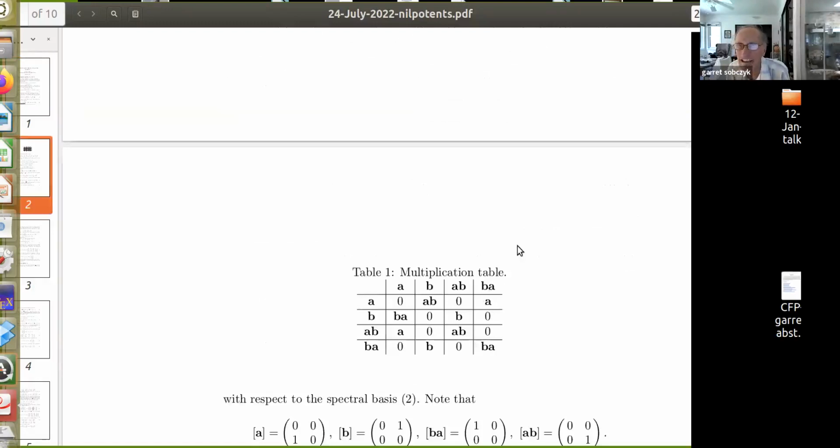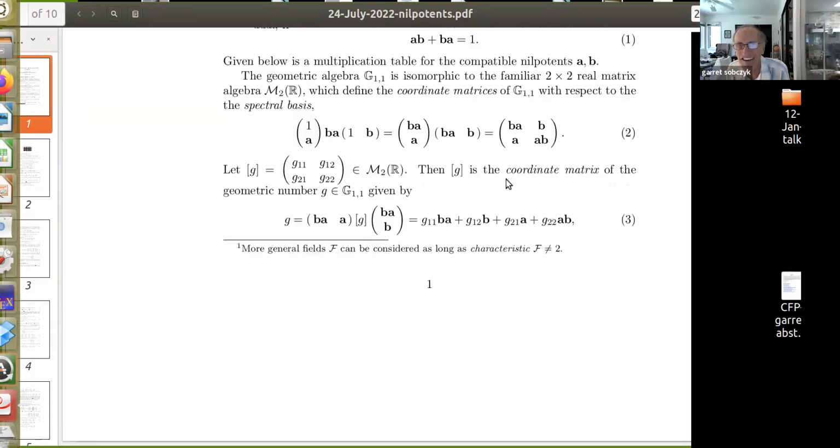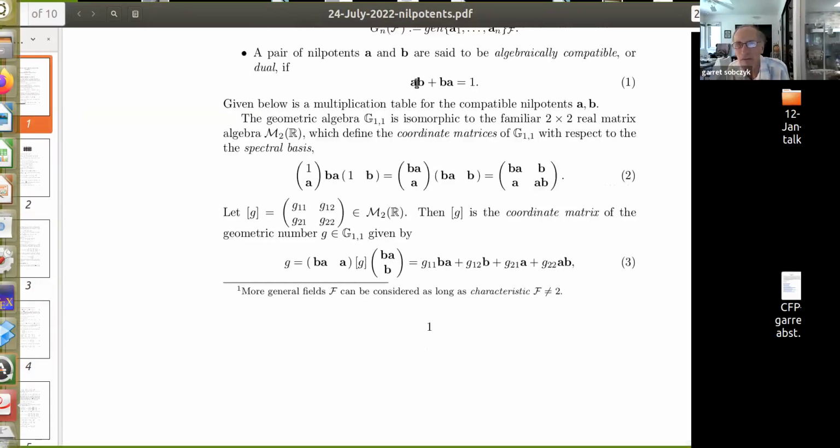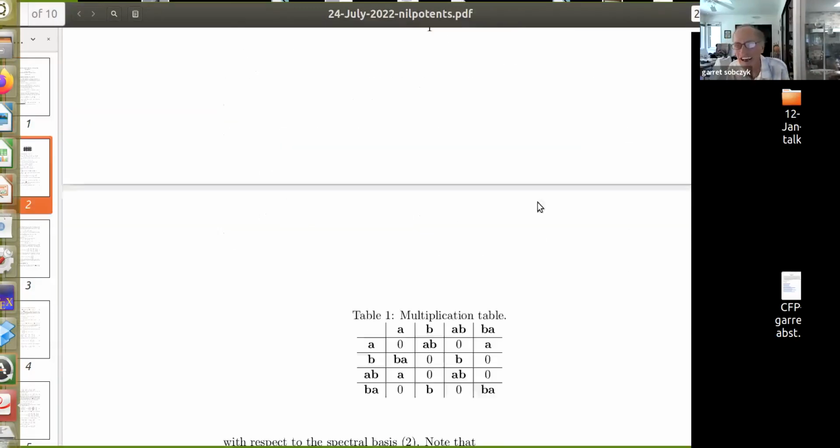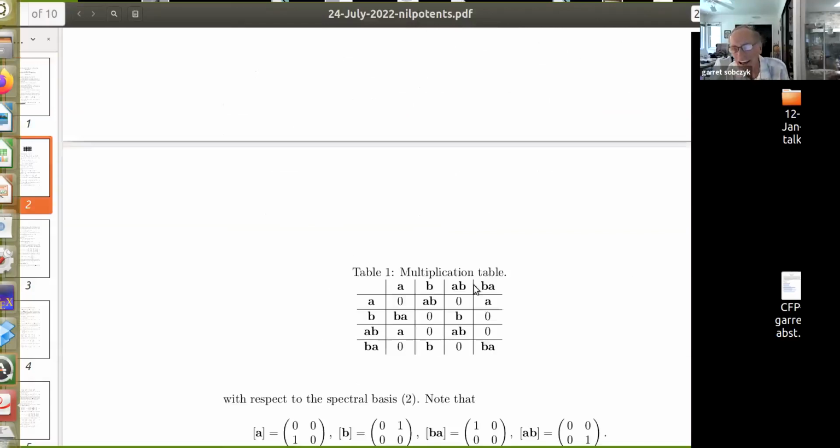I get it from that compatibility condition, AB plus BA is equal to 1. I multiply that equation by A on the left. I get A on the right, but I get A squared B plus ABA. Okay, so that's why I get A times BA is equal to A. Okay, and now we have B. B times A is BA.